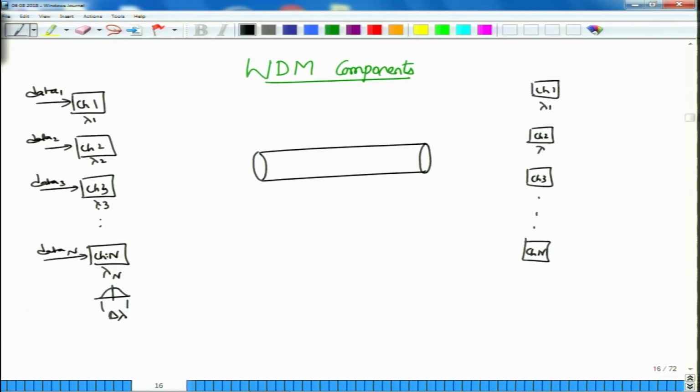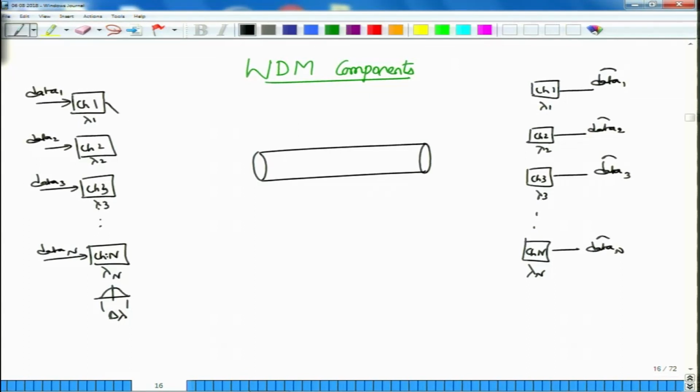Again, these channels are centered at lambda 1, lambda 2, lambda 3 and so on up to lambda n, and you need to be able to get the data out. I will call this output data, data with a hat on top of it, to indicate that there are situations where this data may not be exactly equal to the data that you have transmitted because of the errors that have been made.